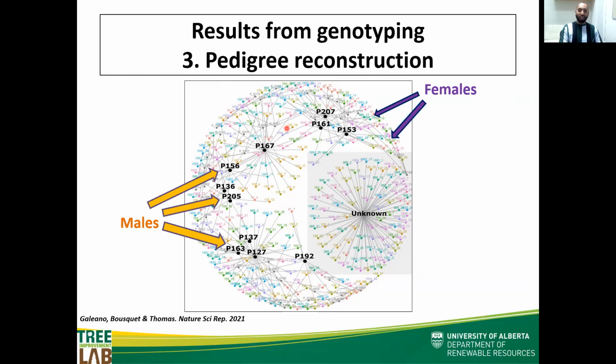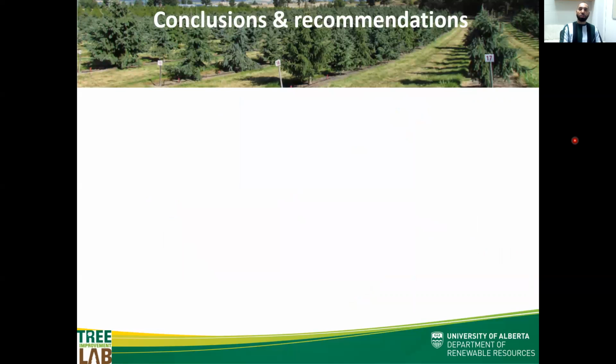And also we can find and understand the pollen contamination in seedlots and in progeny trials. This information can be used not only to find the pollen contamination, but also to get better estimates of genetic gains.